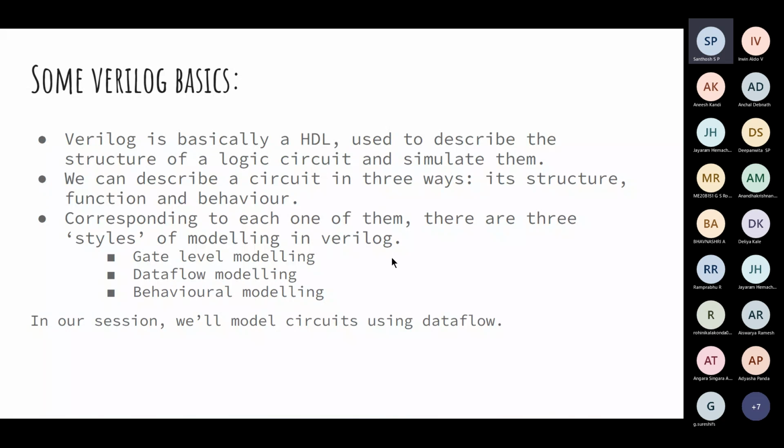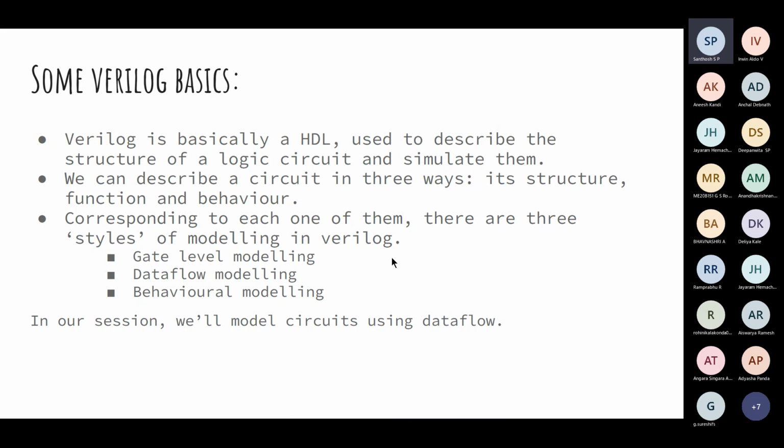Gate level modeling is like, if we have a circuit with a lot of gates like AND, OR, and NOT, there are predefined commands in Verilog which will specify the gate and the input and output terminals. We'll describe a circuit using gates. In data flow modeling, we'll describe a circuit using the expression which it outputs.